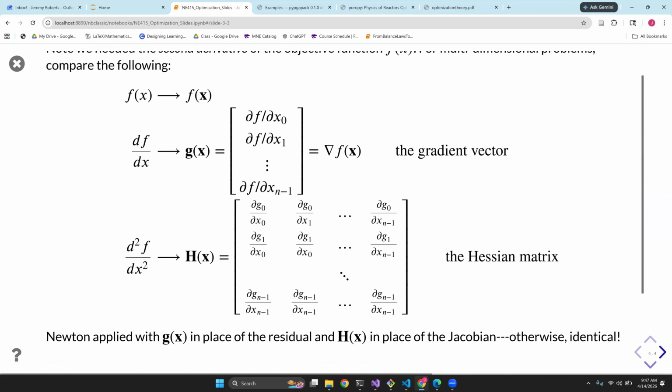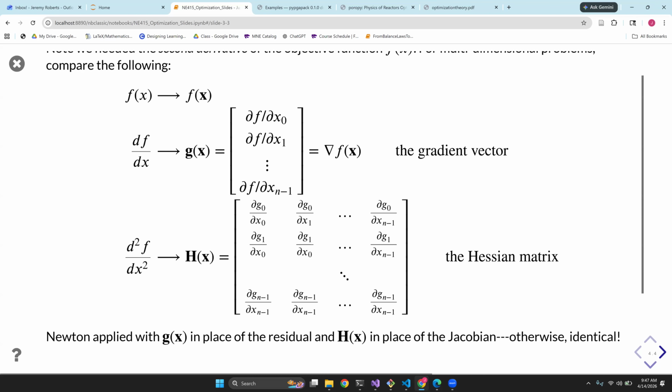Okay. The challenge that we saw right at the tail end last time is when we go from a single unknown to a vector unknown, we still have a scalar function still taking one set of inputs and returning one number, a regular number. When we take the derivative of that, we get g of x, which is the gradient of f, where we have the partial derivatives with respect to each of the unknowns. And then if we take the derivative of the gradient, we get what's called the Hessian.